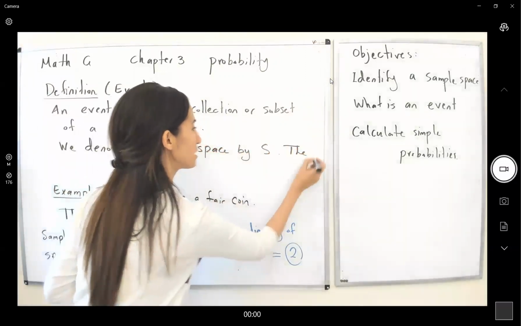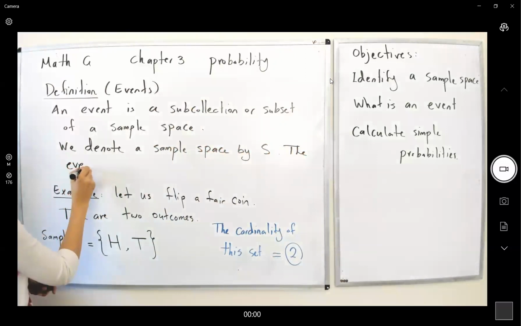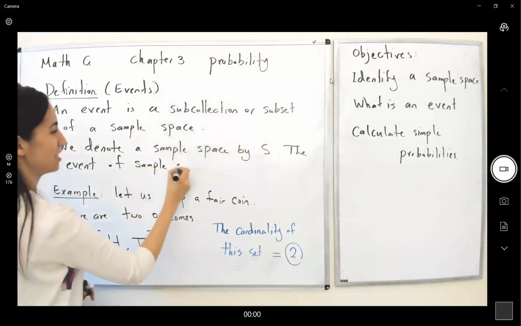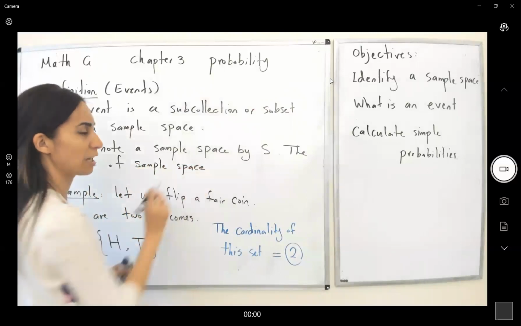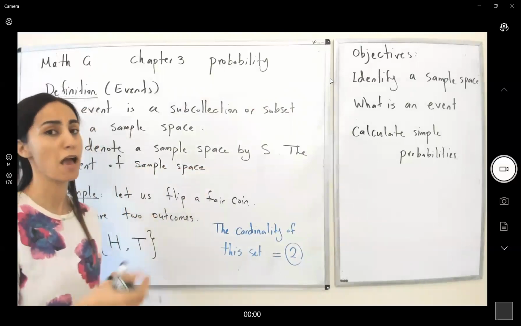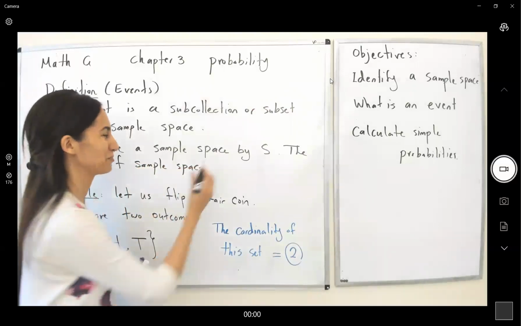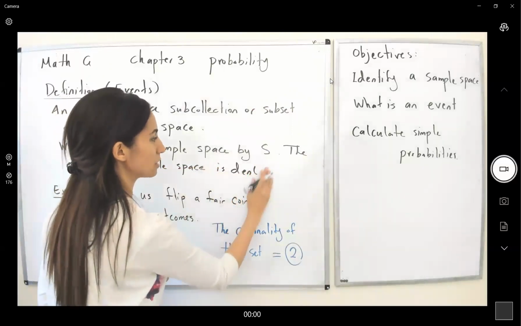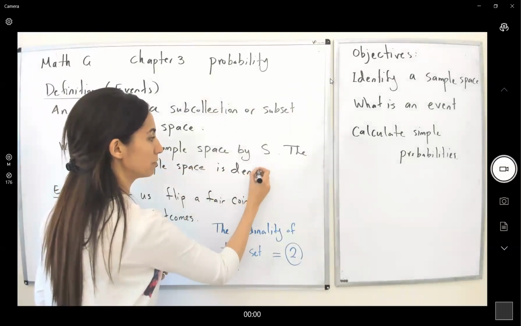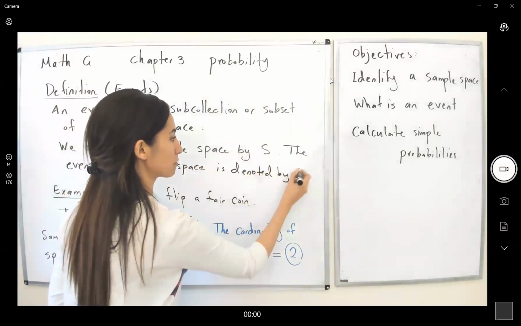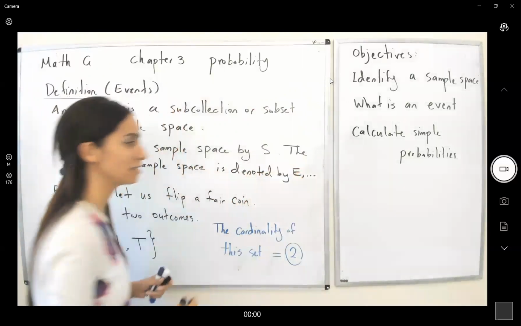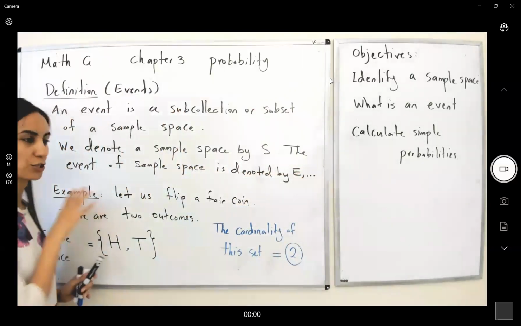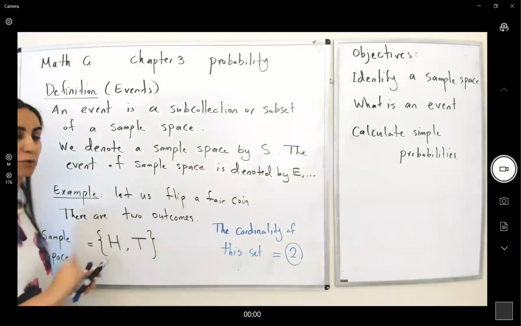An event for a sample space can be denoted by E, F, A, T, using capital letters.